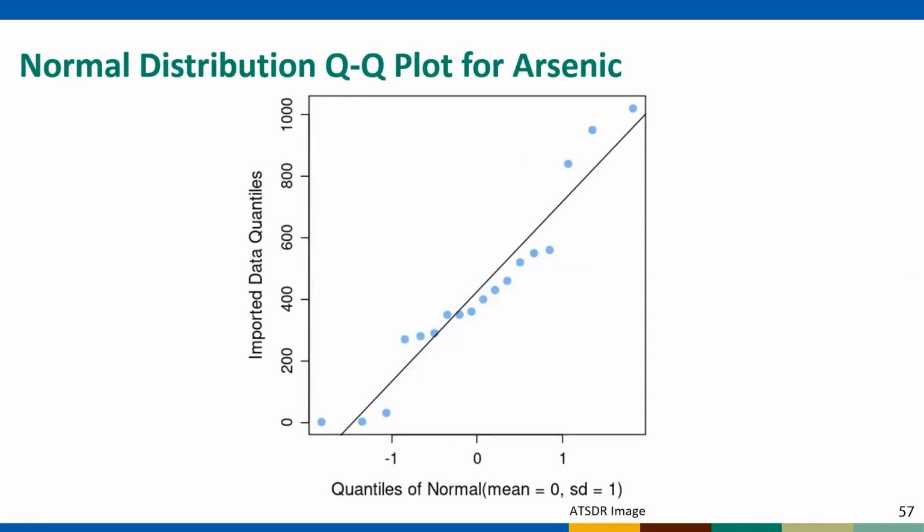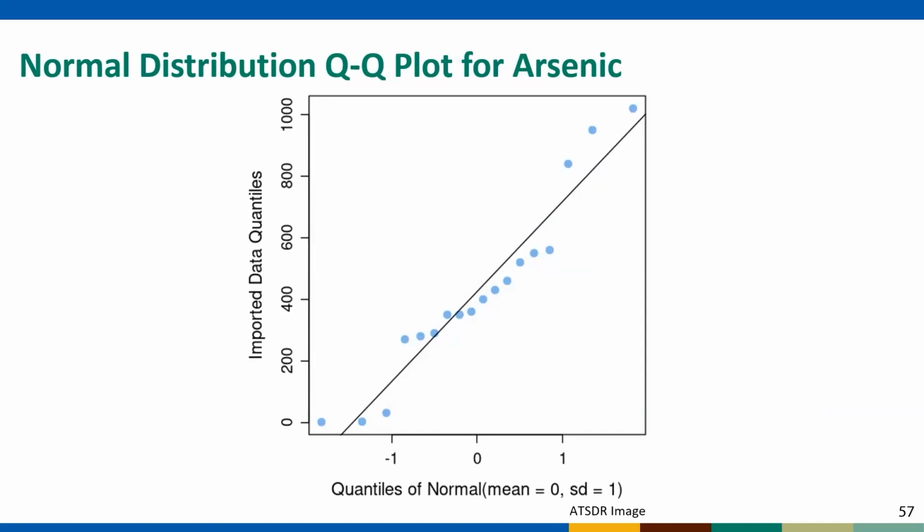Now I will present a series of figures that show QQ plots of the arsenic concentrations so we can determine if a normal, log normal, or gamma distribution has the best fit. The vertical axis of each figure shows the quantiles of the imported data, and the horizontal axis shows the quantiles of the assumed distribution.